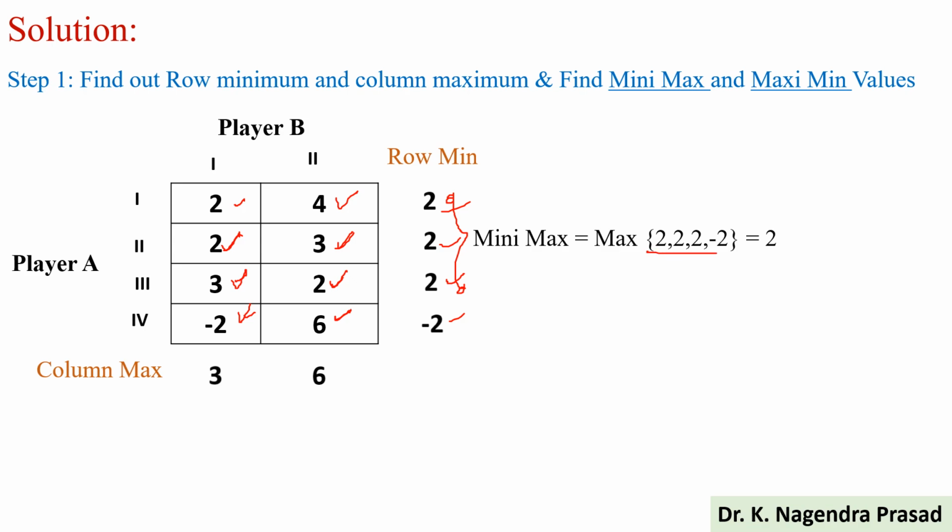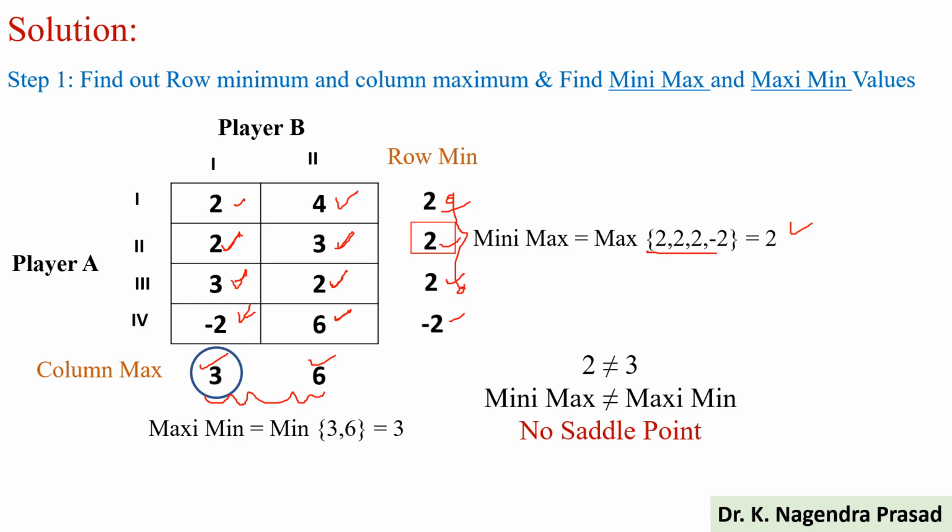So the value found this way is 2. Similarly, next we find the other value, where among the maximum values we have to find the minimum value. The maximum values are 3 and 6. Among 3 and 6, the minimum value is 3. So that value is 3.